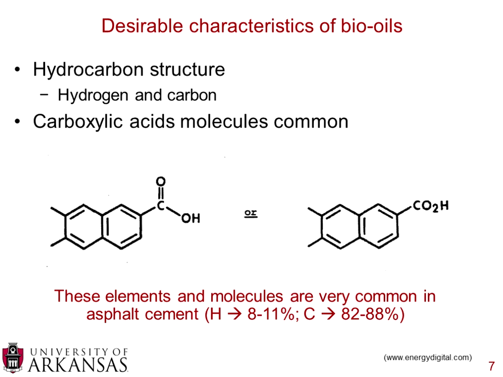And what are some of the desirable characteristics of bio-oils? Well, you want some sort of hydrocarbon structure, a combination of hydrogen and carbon. And when you're thinking about biomass and biofuels, carboxylic acid molecules are very common. Here are a couple of examples.